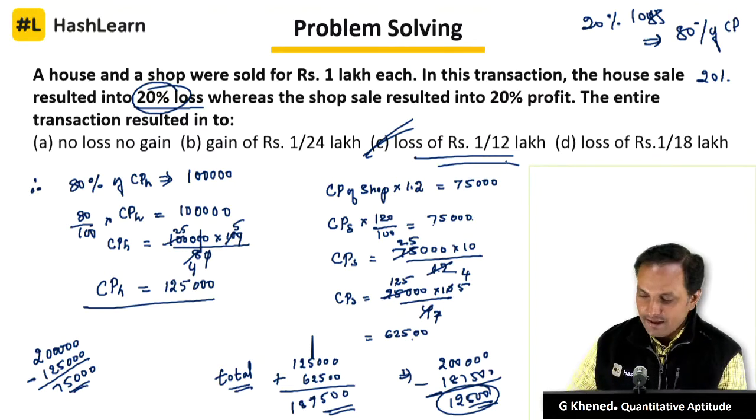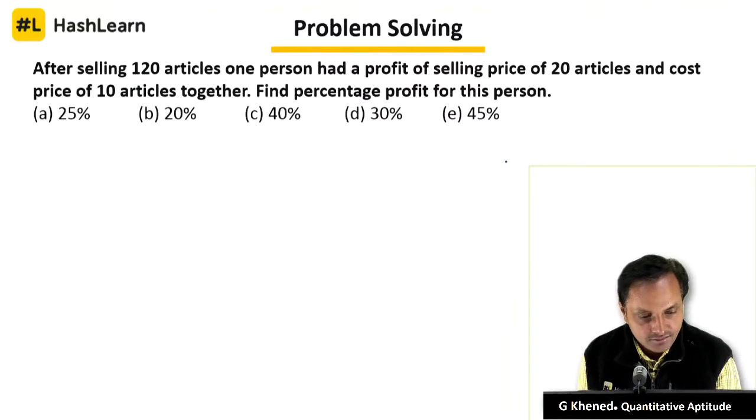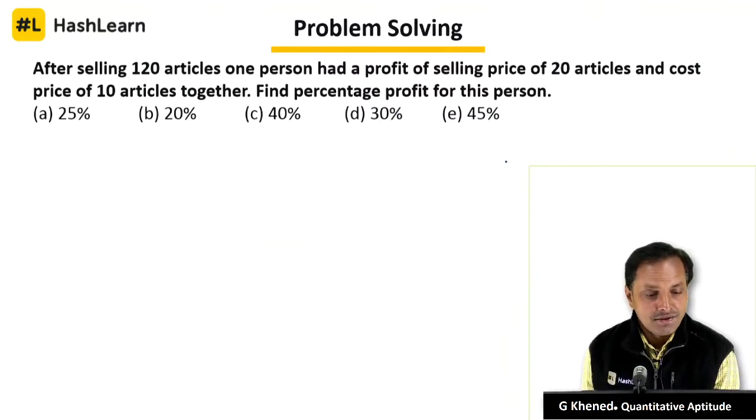Okay, fine. Let's come to the next question. After selling 120 articles, one person had a profit of selling price of 20 articles and cost price of 10 articles.